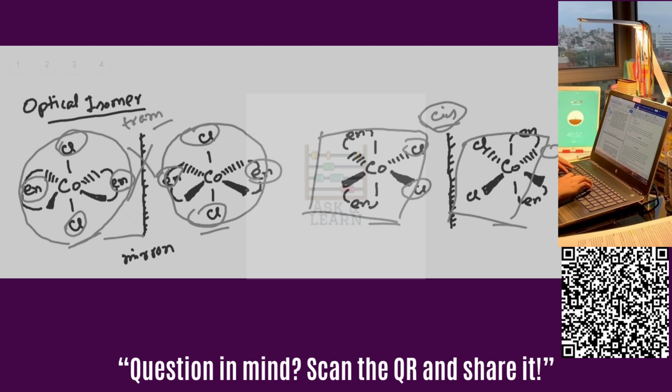Our chlorine is here, and here we have this one. And also in the other cases, this formula is not superimposable on its mirror image at all. So these kinds of isomers, which are non-superimposable on their mirror image, are called optical isomers.